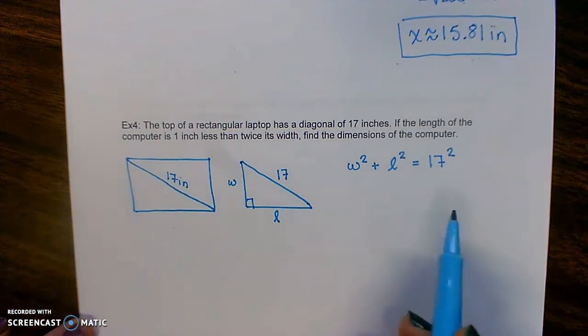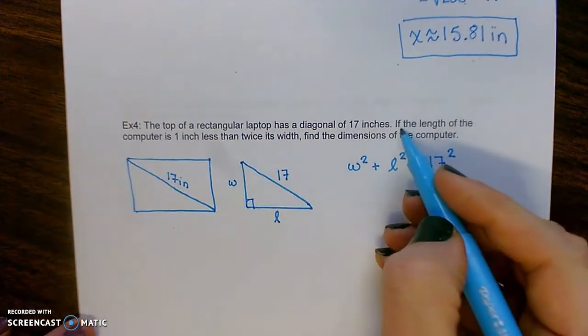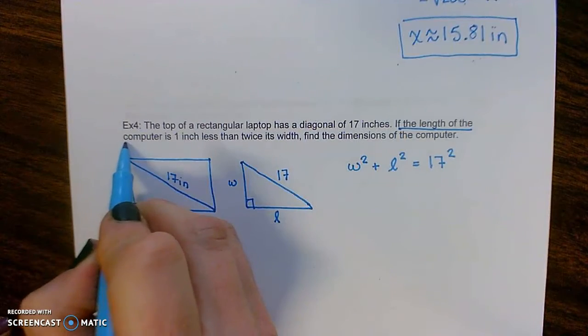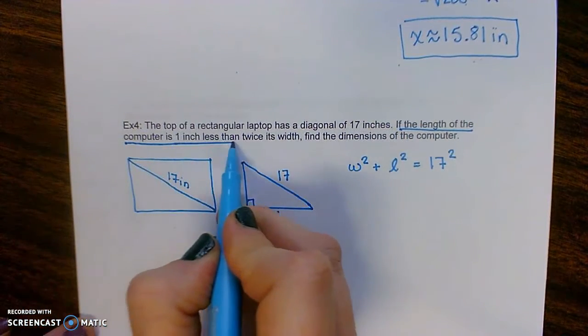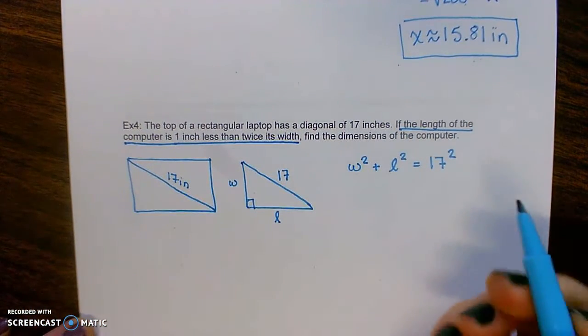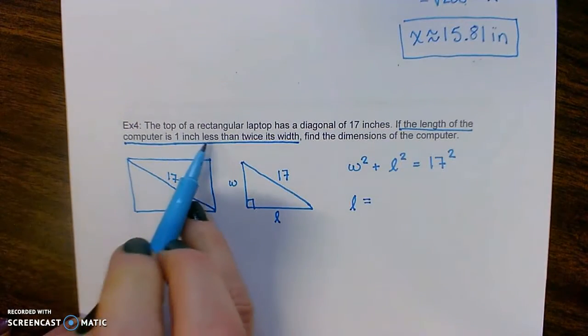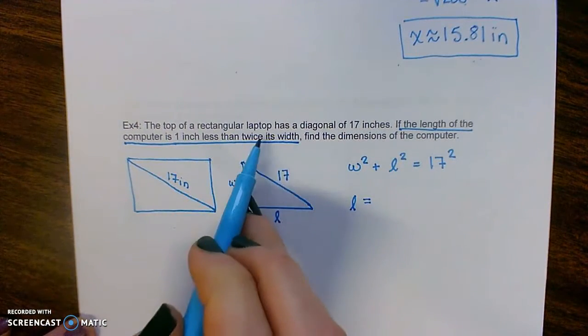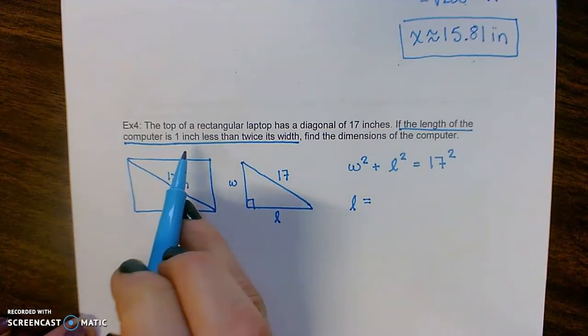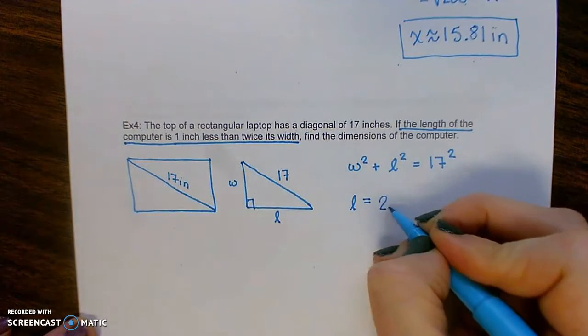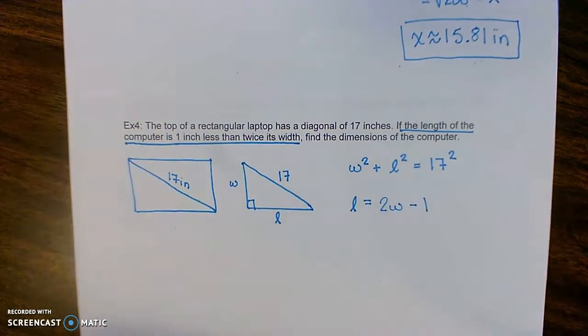The other thing, I'll use this information that the length of the computer is 1 inch less than twice its width. So the length is equal to twice the width, minus 1: 2W minus 1.